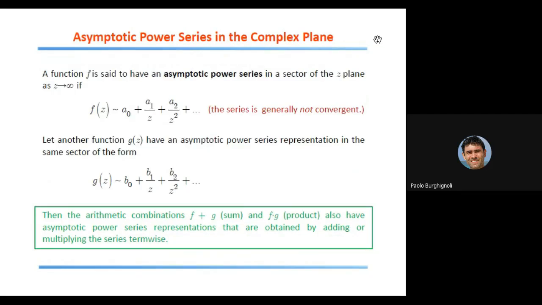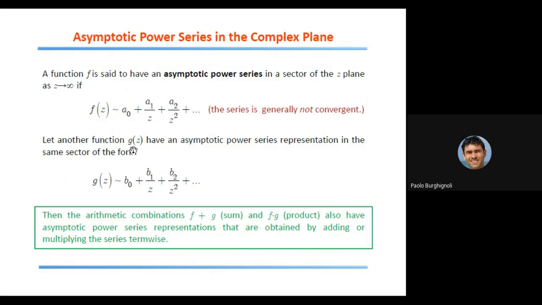Remaining within the complex plane, we say that a function has an asymptotic power series in a given sector of the complex plane, and we write that our function f of z is asymptotic with a tilde symbol to this asymptotic series, which is generally, however, not convergent.